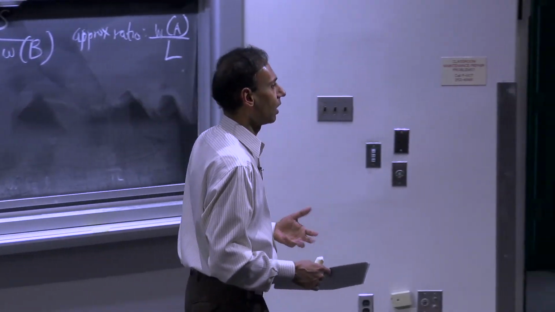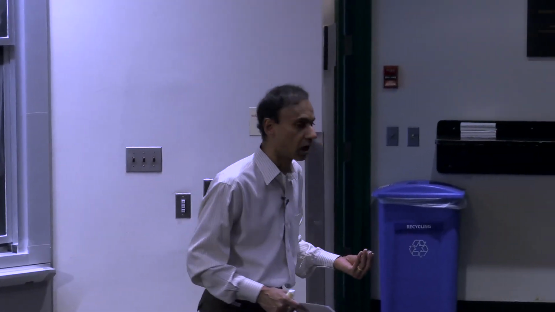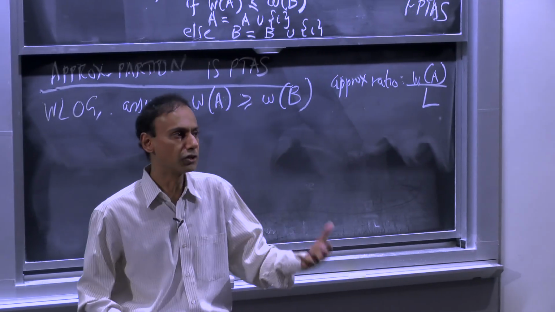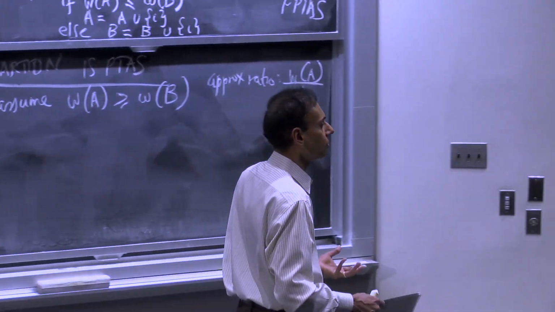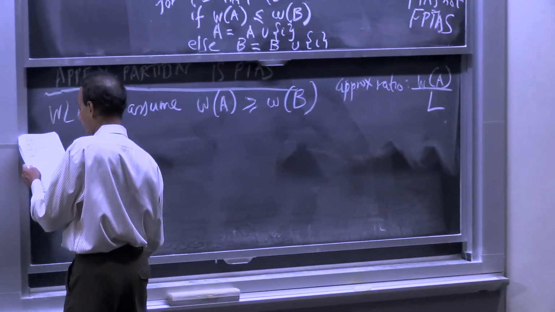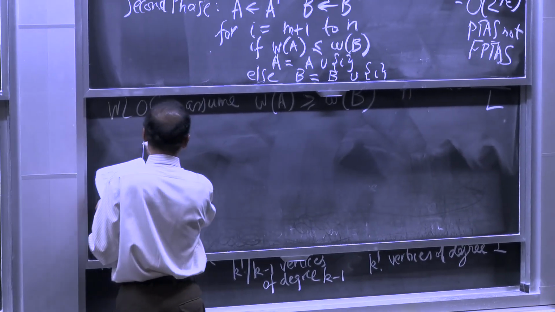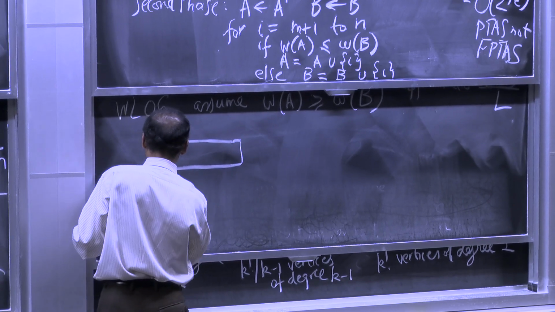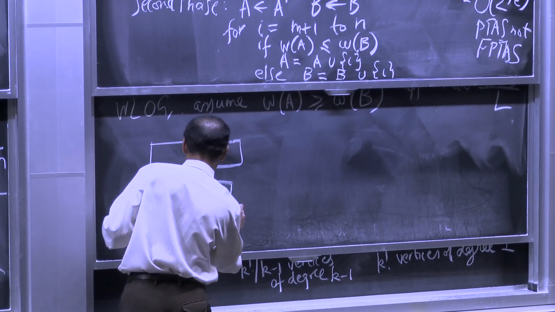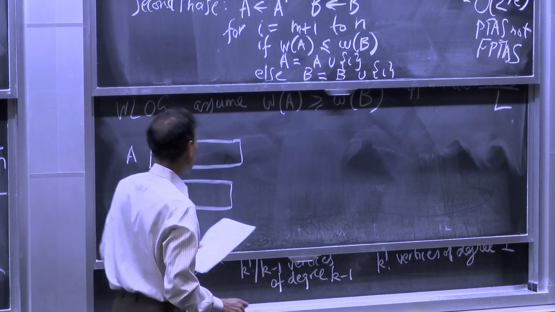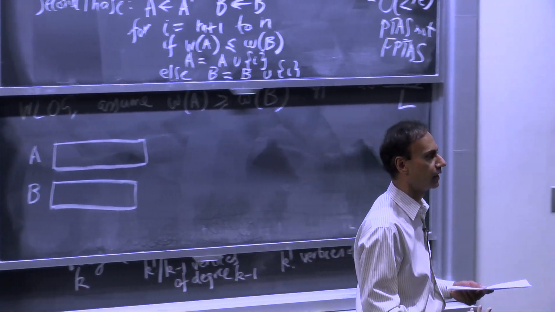So I need to now figure out how the approximation ratio reflects on the runtime and is related to m and therefore epsilon. So what I'm going to do here is look at a point in time where I have A and B, and remember that WA is defined to be greater than WB.